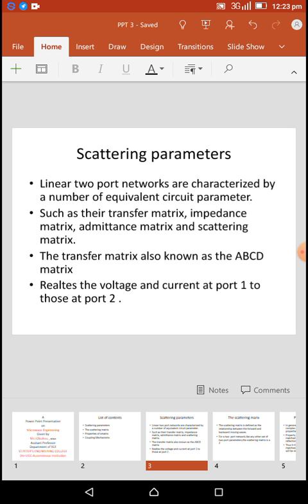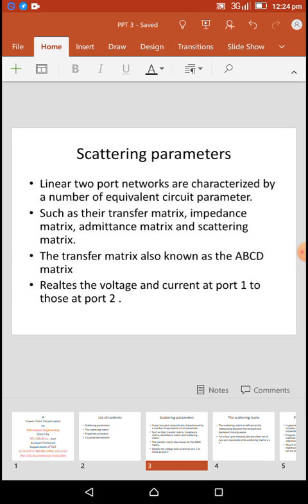Coming to the first one, scattering parameter. In the scattering parameter, let us assume we have a linear two-port network characterized by a number of equivalent circuit parameters such as the transfer matrix, impedance matrix, admittance matrix, and scattering matrix. Let us assume you have a two-port network, and you apply a voltage at one port.